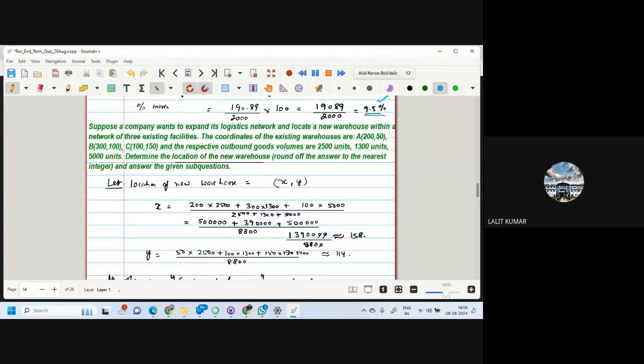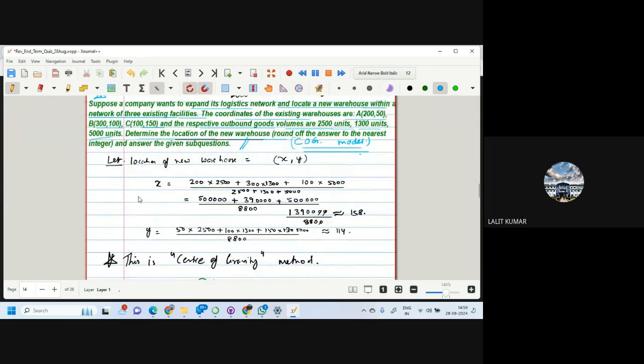Okay, next question. This is also important. Suppose a company wants to expand its logistics network and locate a new warehouse within the network of 3 existing facilities. The coordinates of the existing facilities are this, this, and this, and the respective outbound goods volumes are 2,500, 1,300, and this. Determine the location of the new warehouse. So remember this, always use the COG model, center of gravity model, for these kinds of questions.